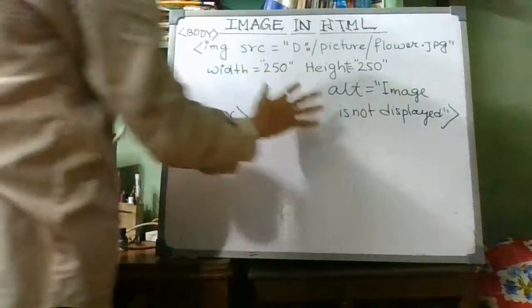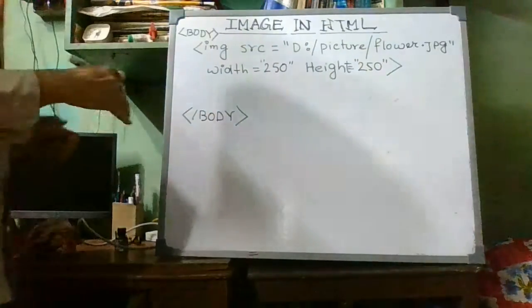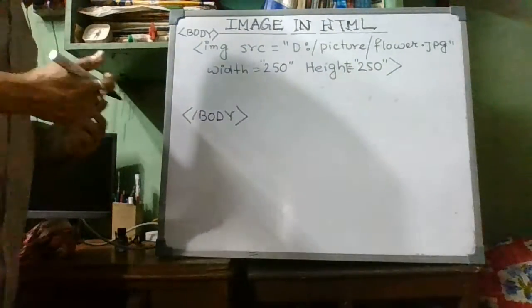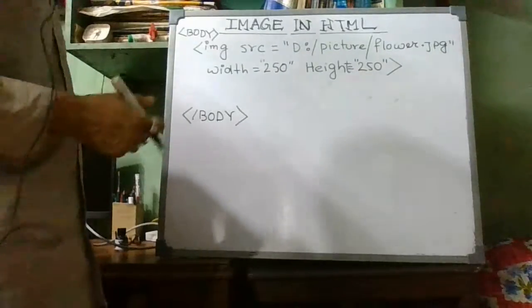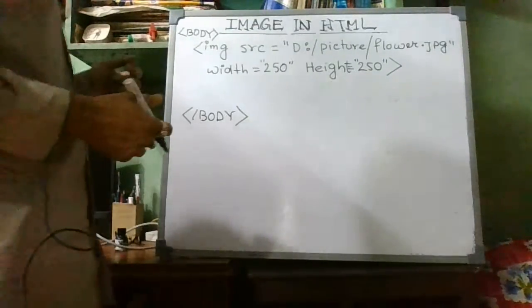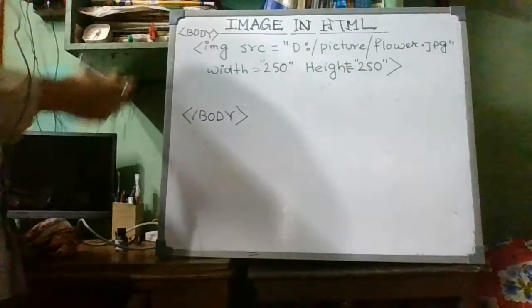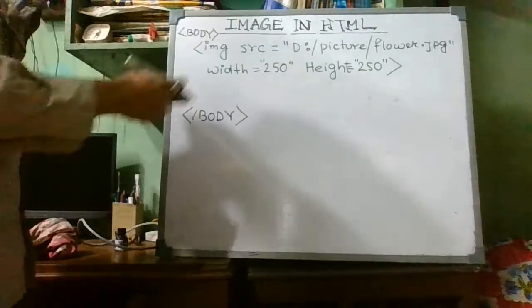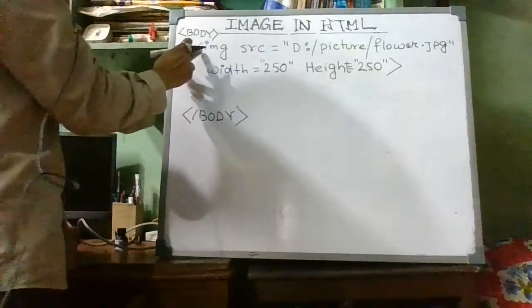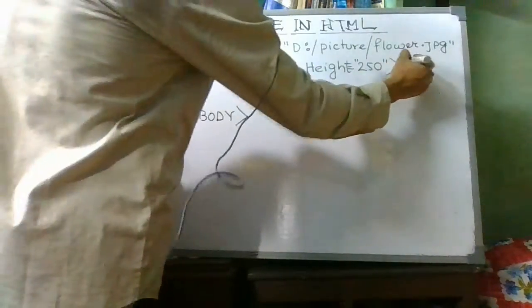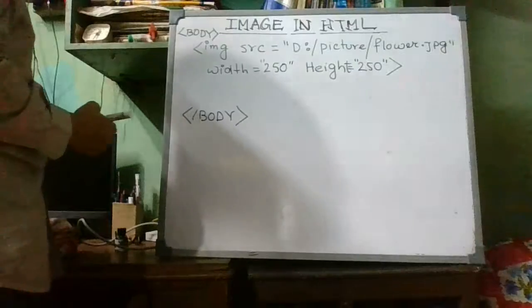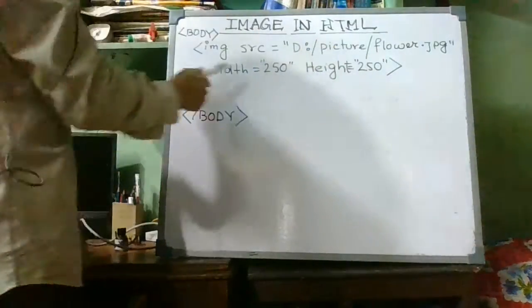Suppose you have not used the align property, you have not used this alt, you have used just this. You may not use the alt attribute, you may not use the align attribute, but these three attributes must be mentioned. Now you have written one image tag with the particular picture file name, width and height.